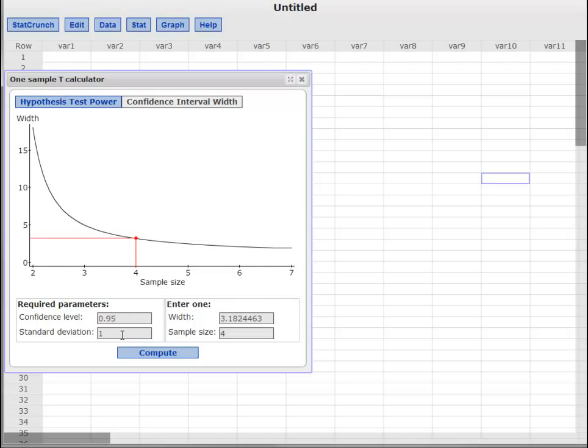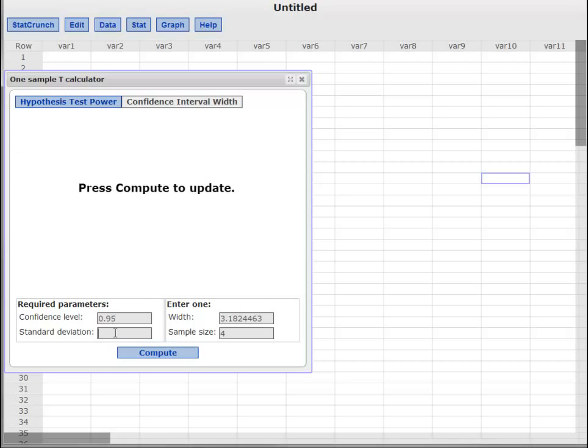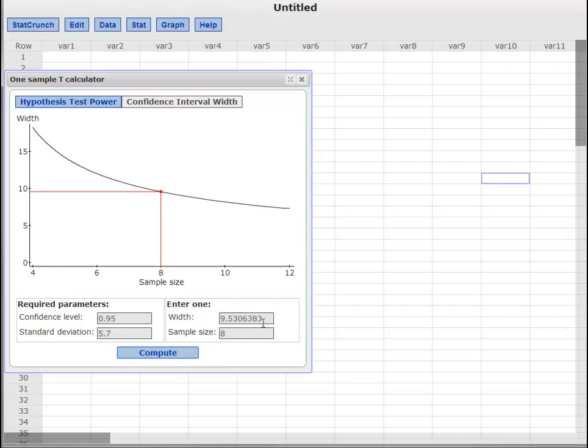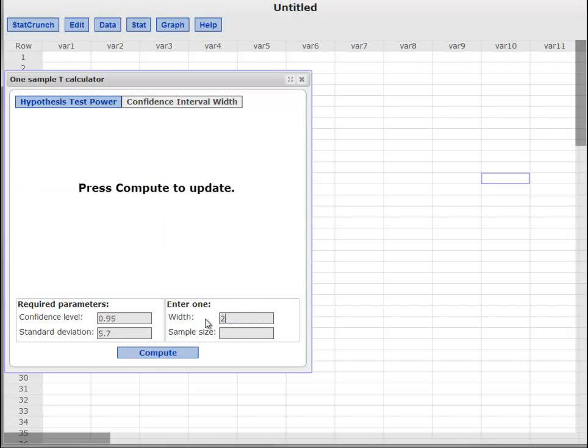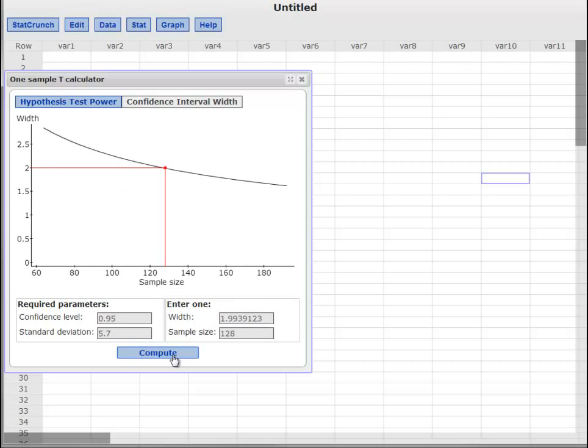Alpha, standard deviation, how big you want it to be, and then it'll give you the sample size. So let's say we have a standard deviation of 5.7, and we want to be within plus or minus 10. Pretty small sample. But if we want to be plus or minus 2, bigger sample.